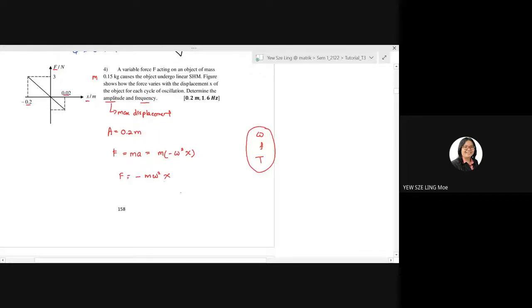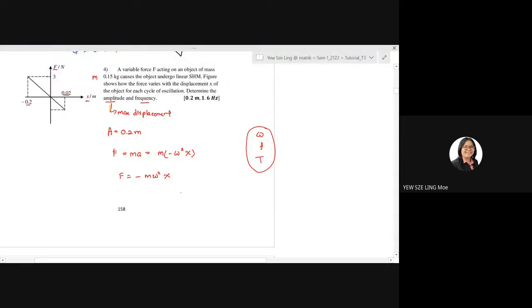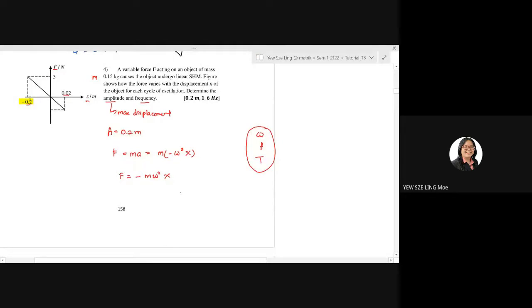Now, which values are we going to use? If you look at the graph, when x is 0.02 we don't have information about the force. But what we do know is that when x is at negative 0.2, the force is 3 Newton.